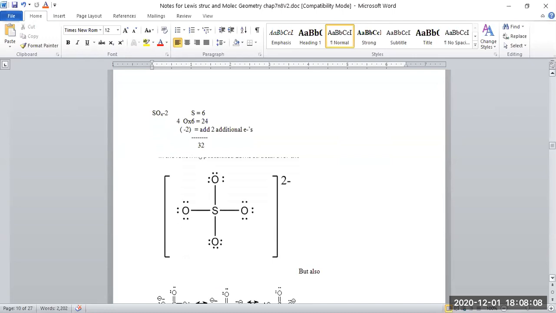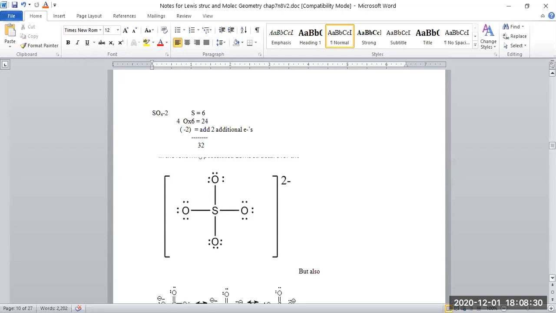Put your sulfur in the middle. And at this point, it does appear to obey the octet rule because sulfur has 4 lines. 4 lines, 8 electrons, everybody's happy.